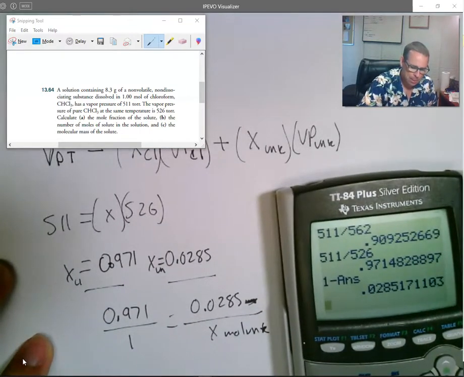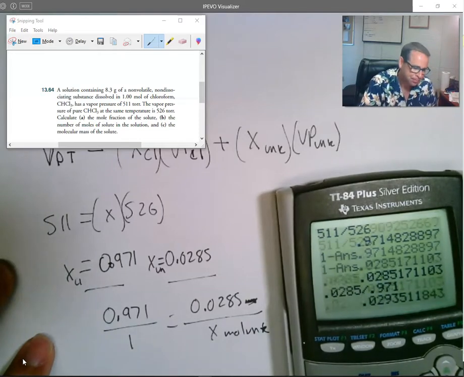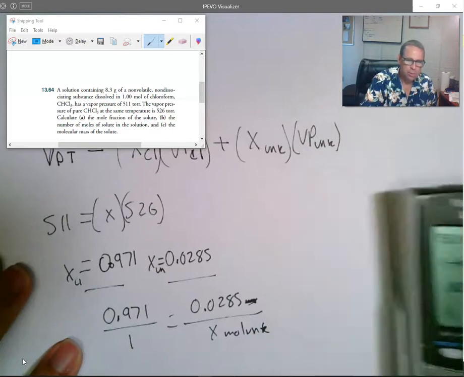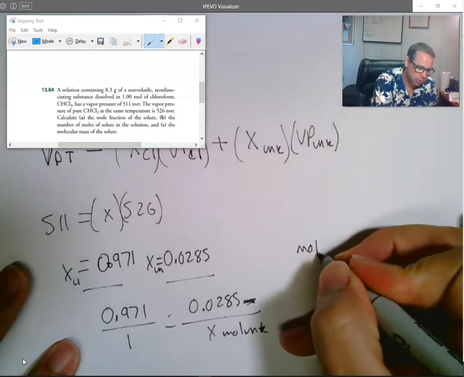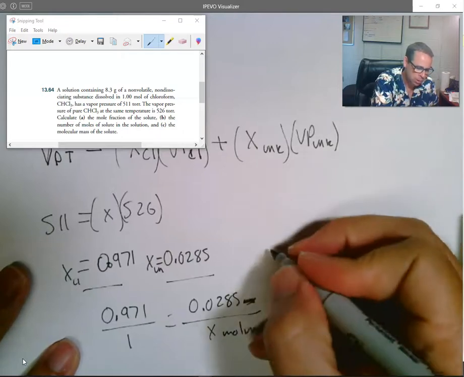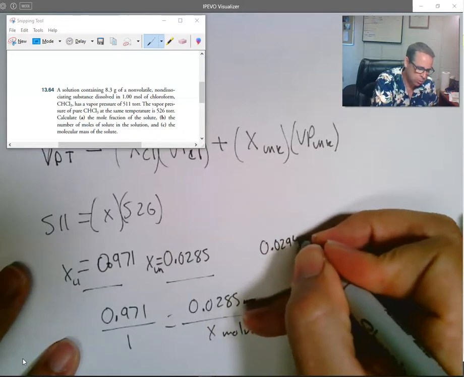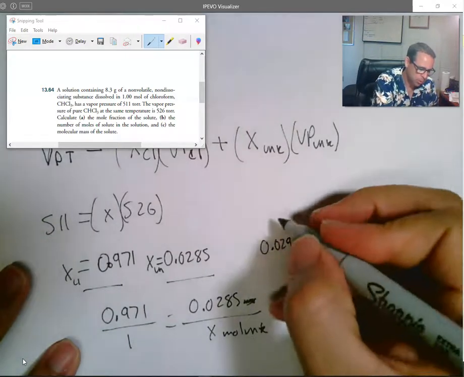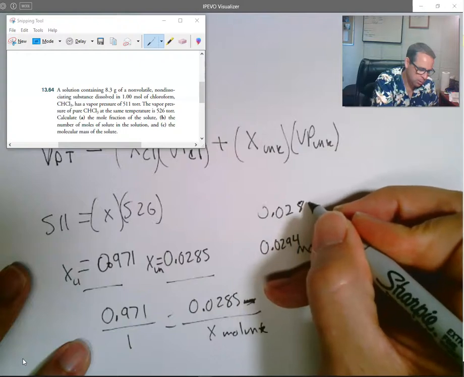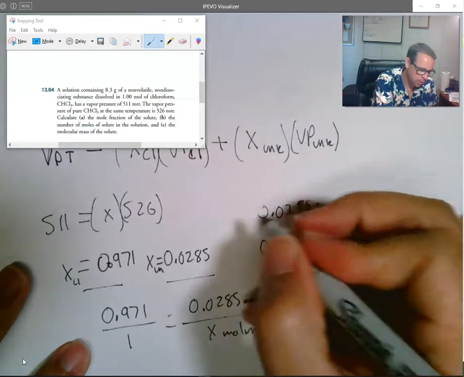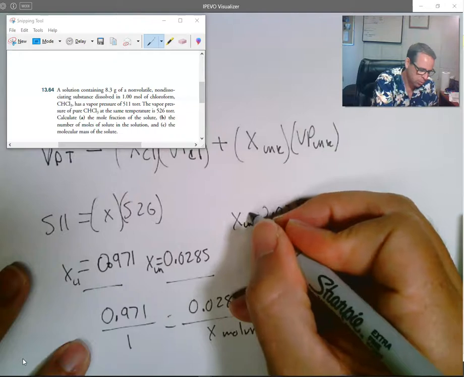So, 0.0285 divided by 0.971 gives 0.0294 moles of unknown. The mole fraction is 0.0285. That's our mole fraction of our unknown.